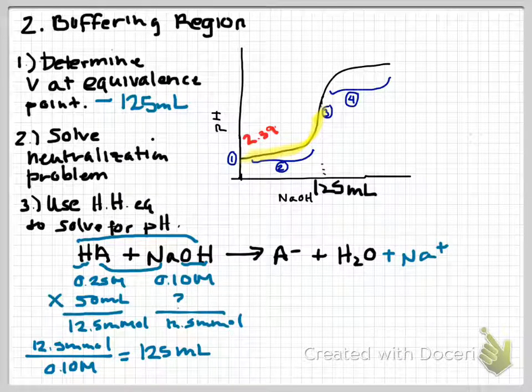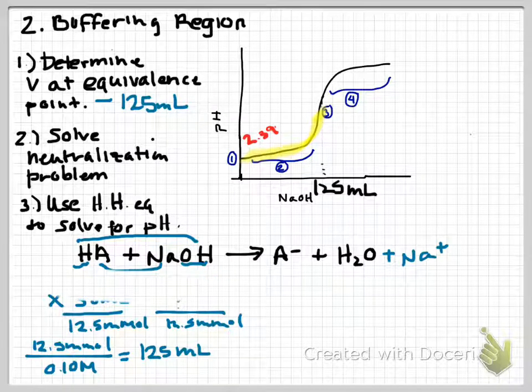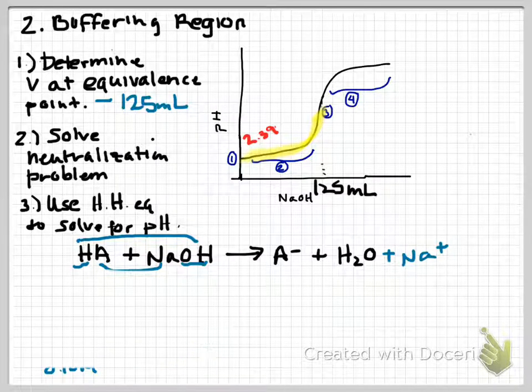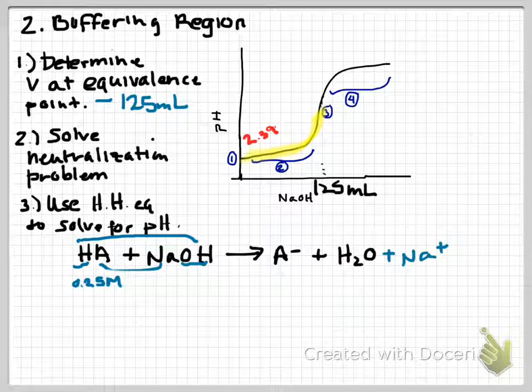So we're going to look at this same neutralization reaction. I still have 0.25 molar acid, before reaction again, and I have 50 mL.